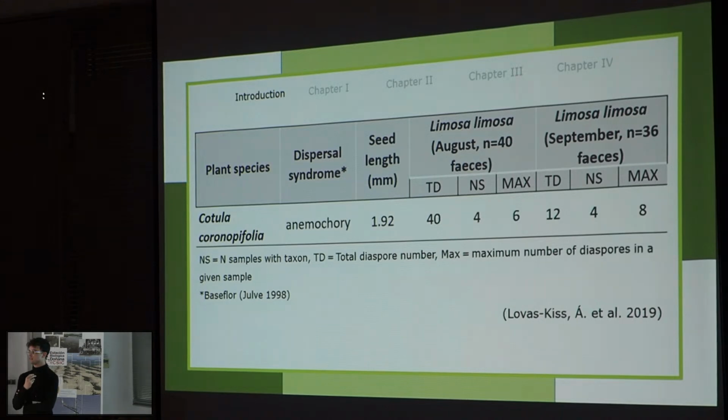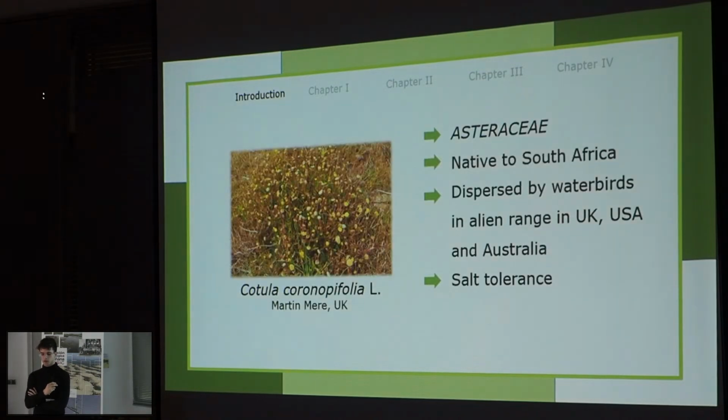So it demonstrates that this species is being dispersed by endozoochory, at least in Europe. Coming back to Spain, this species has also registered a certain salt tolerance, and this could explain the colonization of the Doñana marshlands during the last drought periods.